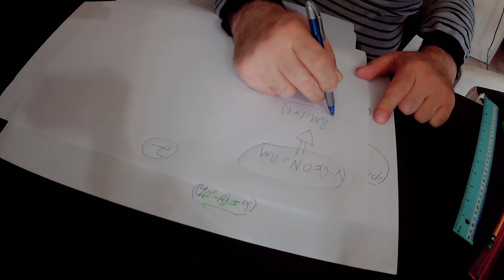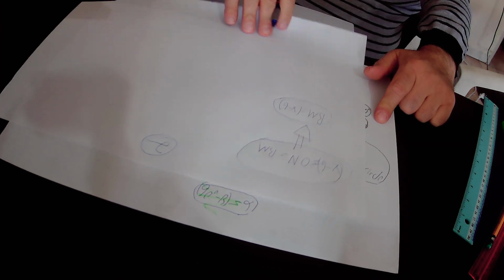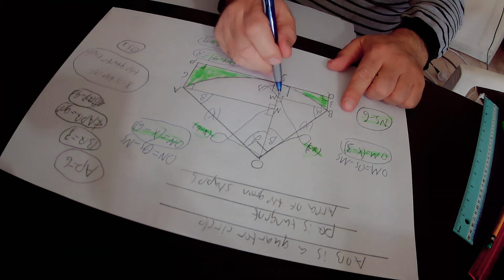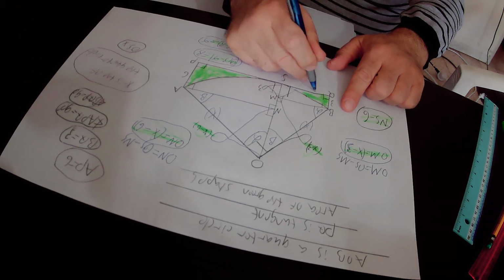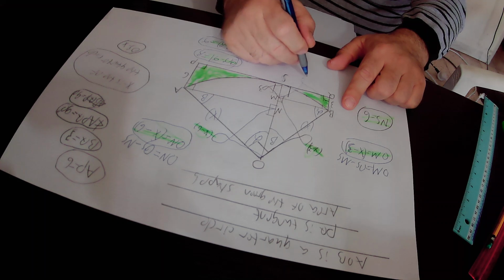Side BM is also equal to x minus 6 units in its length. Here, this is side BM that is equal to x minus 6 units in its length.